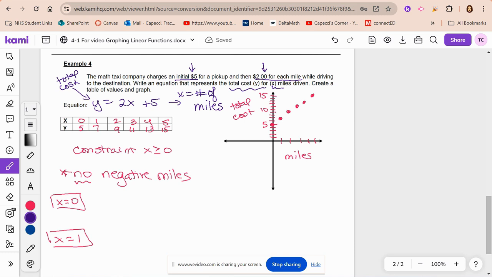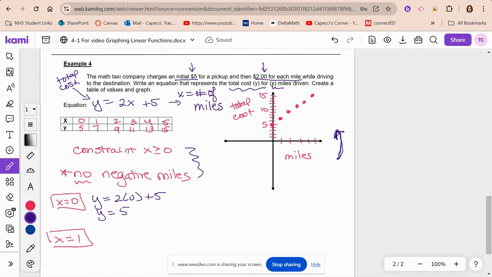So again, we can substitute this in. Now here we have, how did I know what values to use? I have a constraint of x has to be greater than or equal to 0 because we can't have negative miles, right? So even in this, we could have just used the first quadrant. We didn't really need the other 3 quadrants. So when I substitute in 0, I have y is equal to 2 times 0 plus 5.